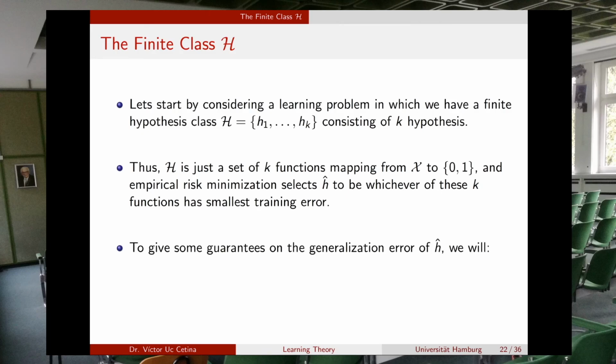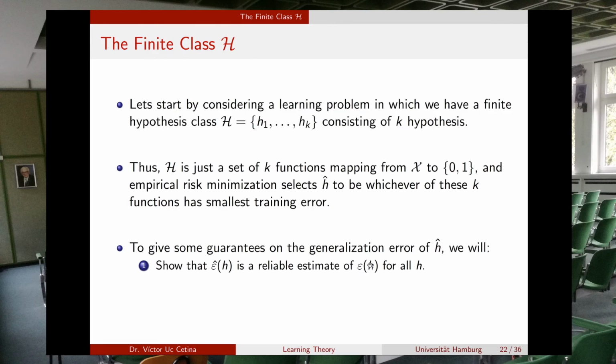To give some guarantees on the generalization error, we will first show that the empirical error of this H is a reliable estimate of the generalization error. So here you see the epsilon circumflex, which is the empirical error, the error with the training set. And here you see just epsilon, which is the generalization error.